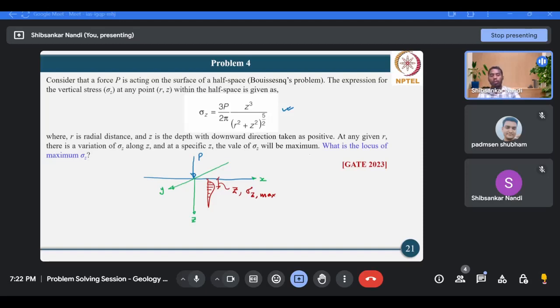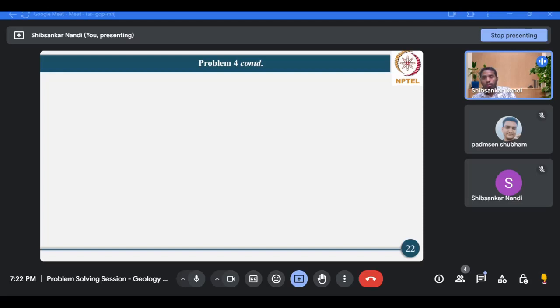Okay, so we'll see how we can end up with that expression. We start with the basic vertical stress distribution equation, sigma z equals 3p by 2 pi, z cube by (r square plus z square) whole to the power 5 by 2. Now please keep in mind that we are considering r constant.